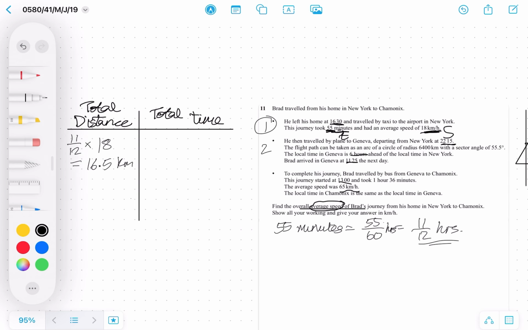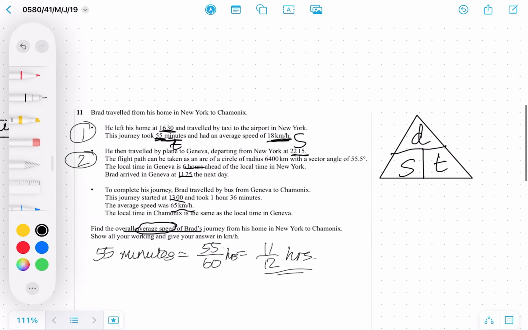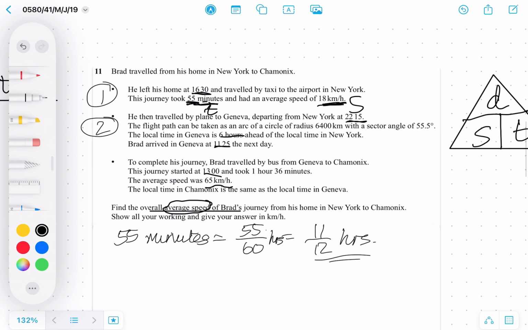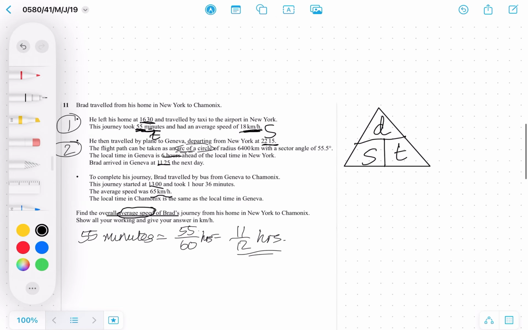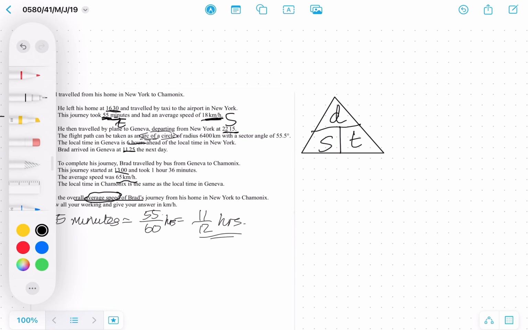Now the second statement. He's now traveling to Geneva, departing from New York, and the flight path can be taken as an arc of a circle of radius 6,400 kilometers with a sector angle of 55.5 degrees. Okay, so let's visualize this with a quick little diagram. This is the arc, and we're interested in this arc right here.